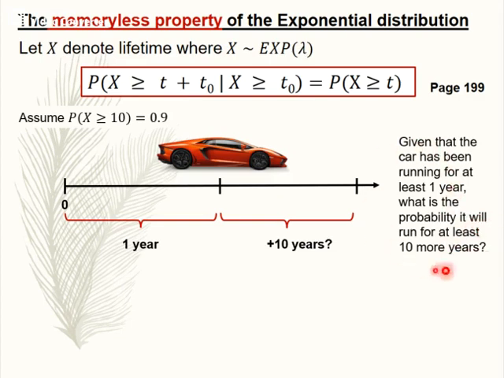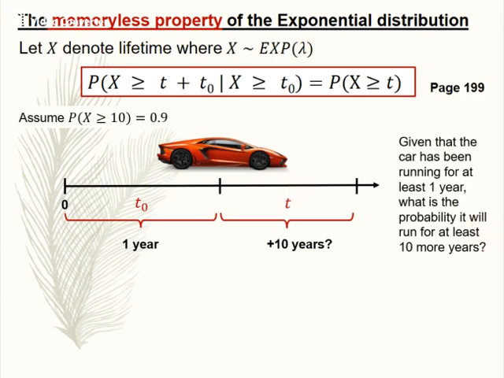And this probability is what is represented on the left side of this equation symbolically. So given that the lifetime is at least t0, and in my example t0 is 1 year, what is the probability that the lifetime will be t plus t0? So that's your t0, and then add an additional t years onto that.